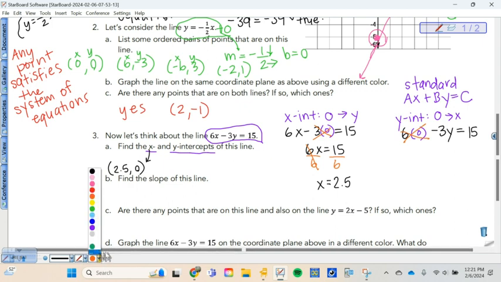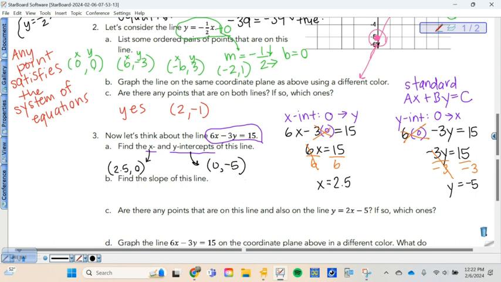And I've got negative 3y equals 15. How do I solve for y? Divide by negative 3. So what's 15 divided by negative 3? Negative 5. So then my y-intercept is at 0, negative 5.